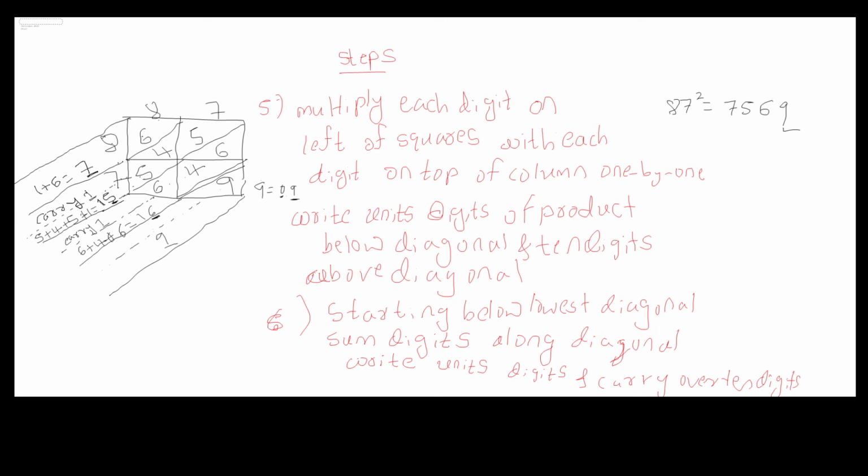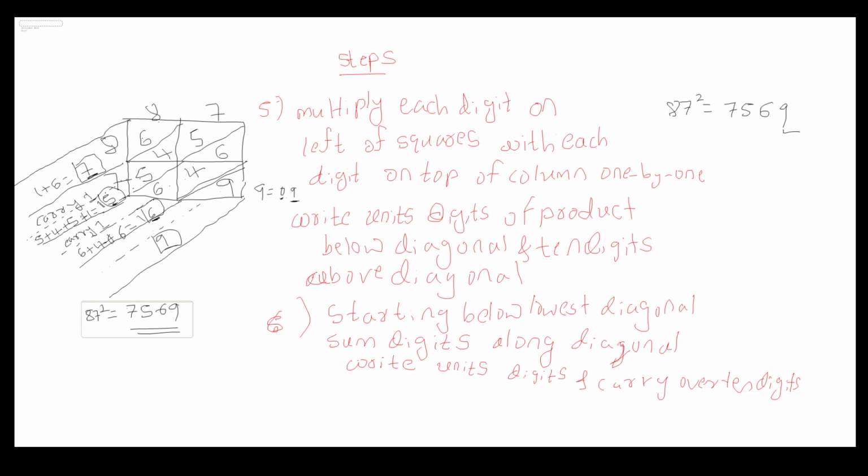Therefore the required digits are 7, 5, 6 and 9. Therefore 87 squared is equal to 7569.